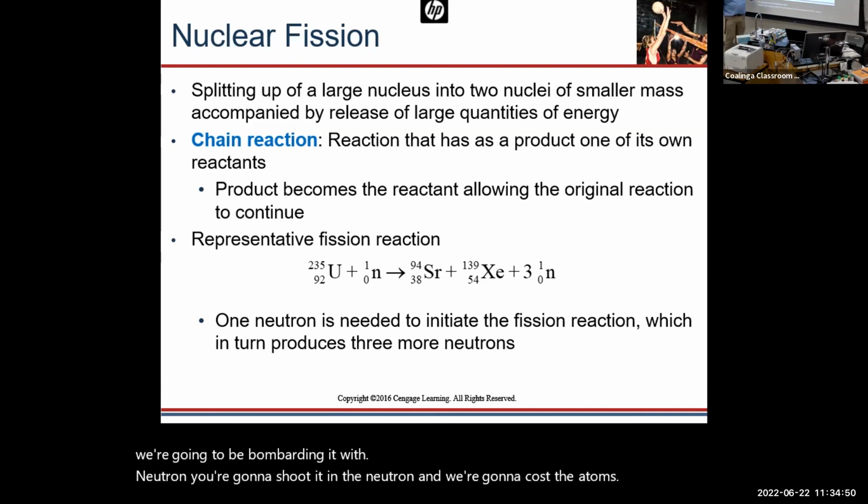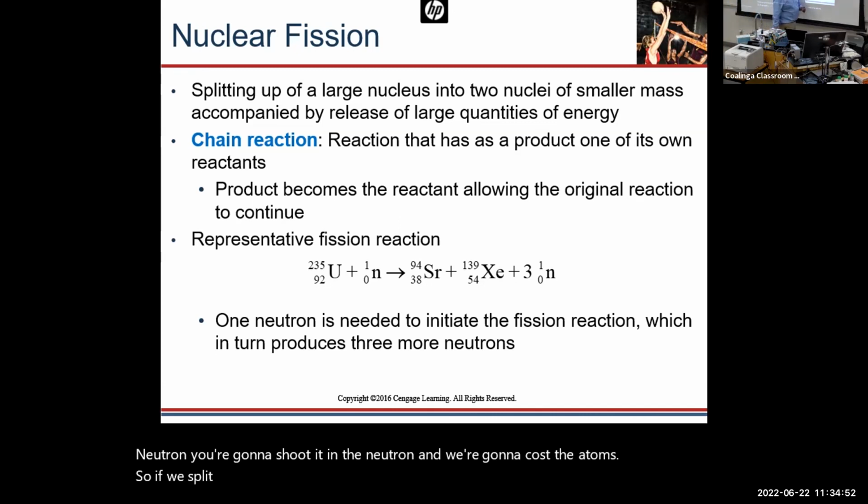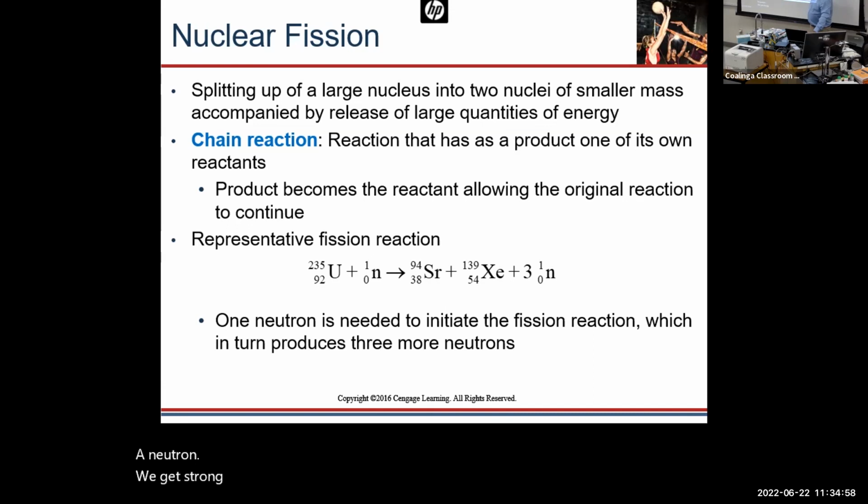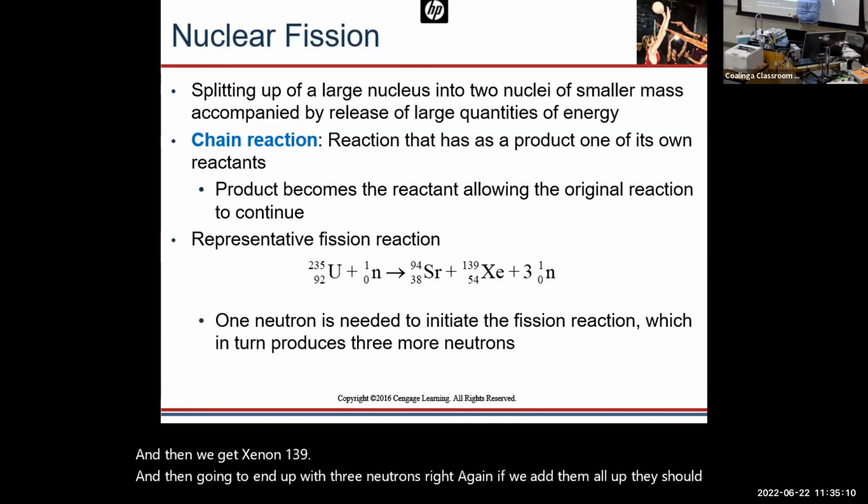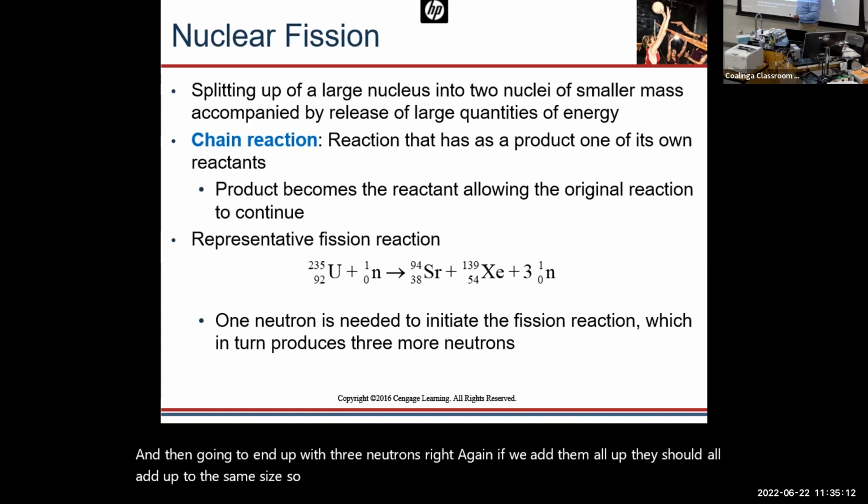So if we split this uranium with a neutron, we get strontium 94, and then we get xenon 139, and then we're going to end up with 3 neutrons. Again, if we add them all up, they should all add up to the same size. So altogether, this mass should be 236, 92.